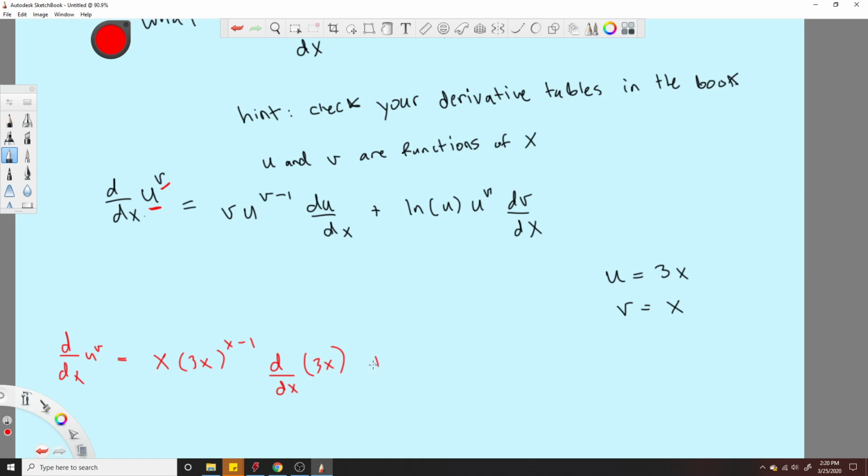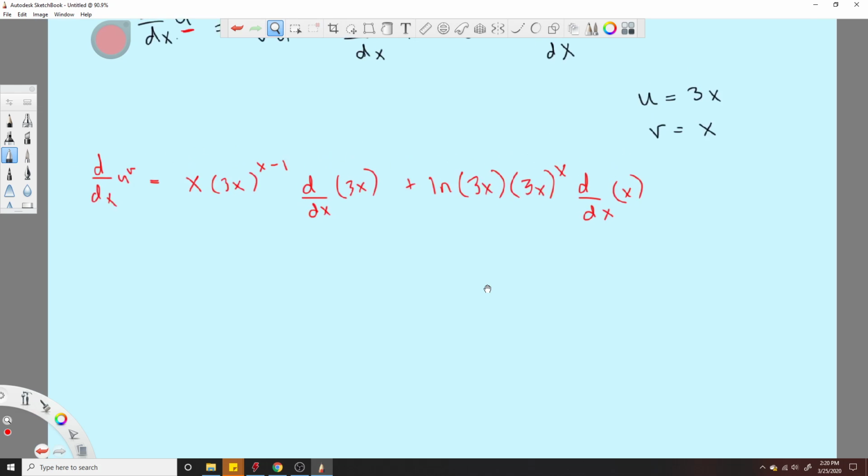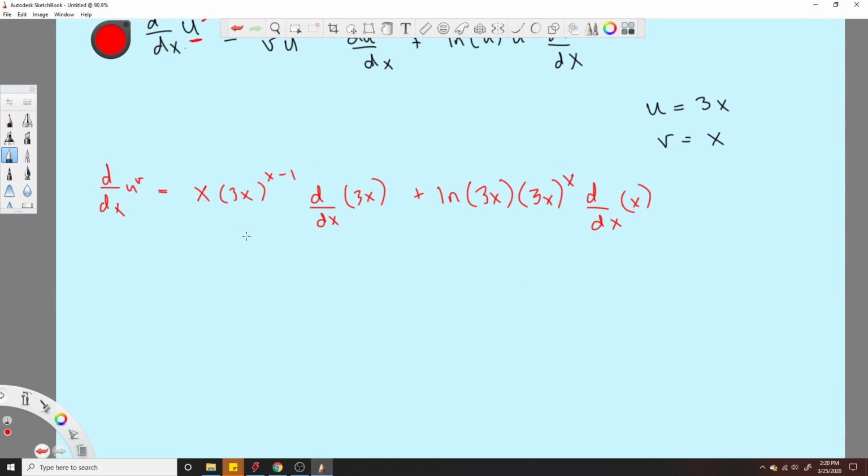Plus ln of u, again 3x, times 3x to the v, which is x, times d/dx of v, x. Okay, so now we have our problem, and it quickly becomes a pretty straightforward problem. You just start doing algebra at this point.